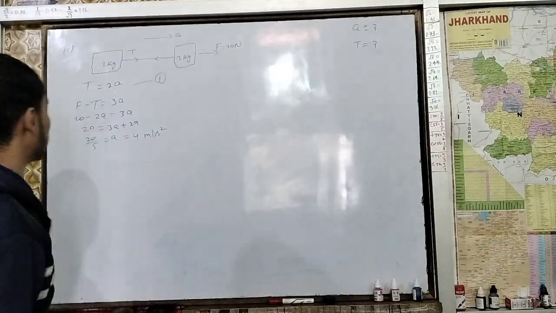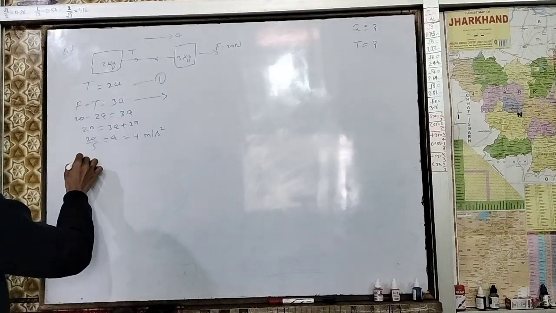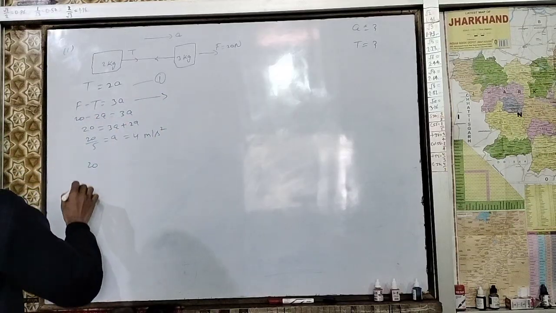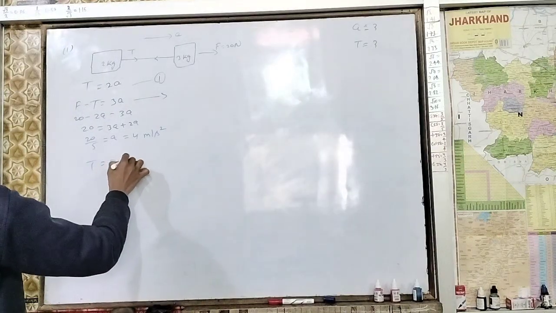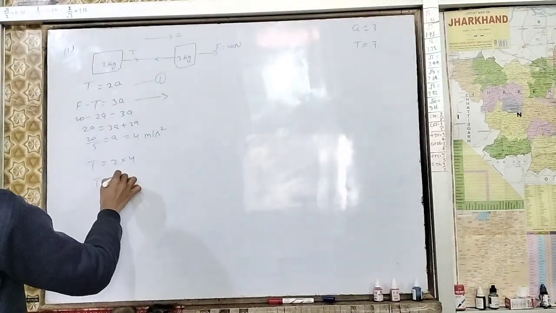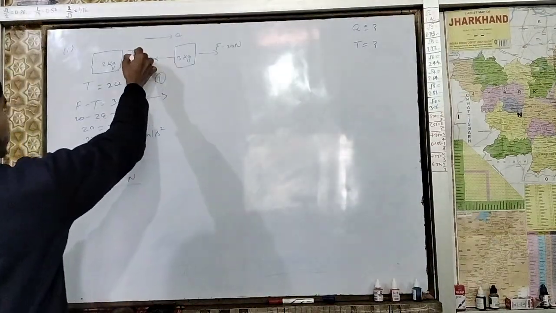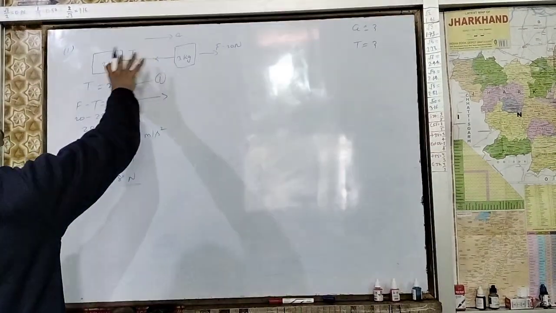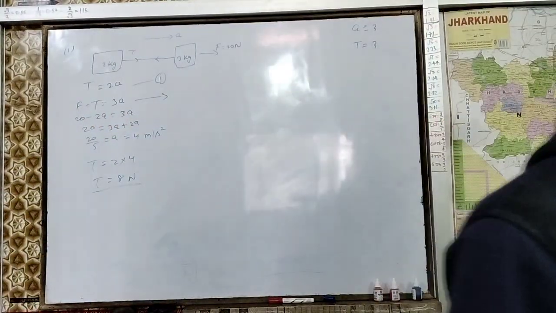Now it's time for tension. Yeah, from this equation we can find. So F is 20. Here T is 2a, so a is 4. So T is coming out to be 8 Newton. Tension force over here is 8 Newton, and these two bodies are moving with 4 meter per second raised to power 2.